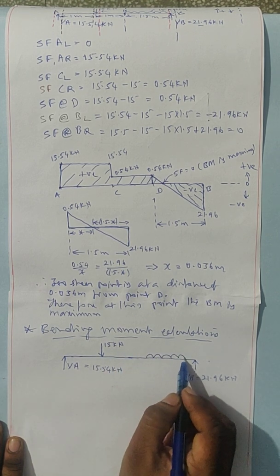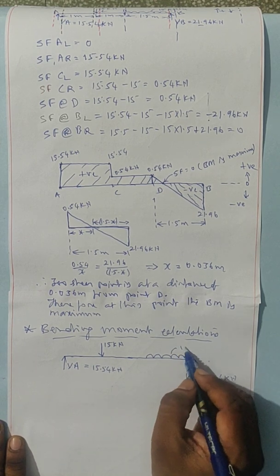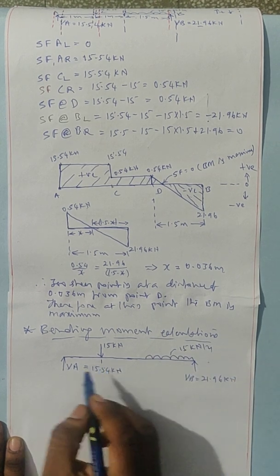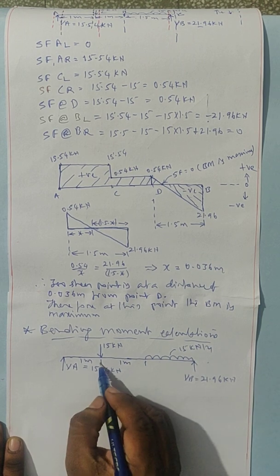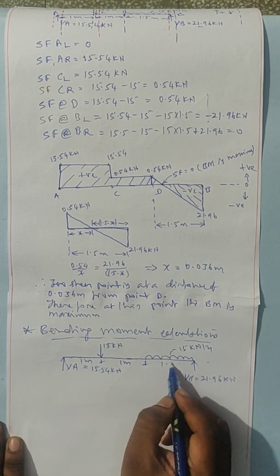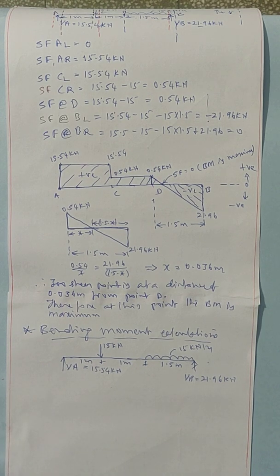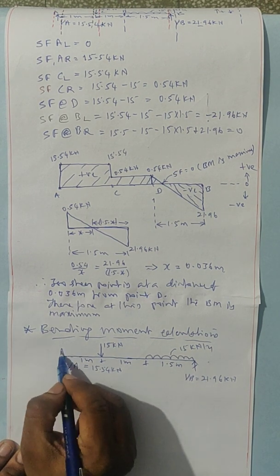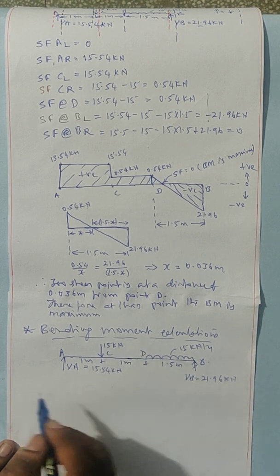Here UDL is there, the intensity is 15 kilonewton per meter. This distance is 1 meter. This distance also 1 meter. This is 1.5 meter. Now we have to calculate the bending moment at different points, and we have to draw the bending moment diagram. So this point is A, this point is B, this point is C, this point is D.